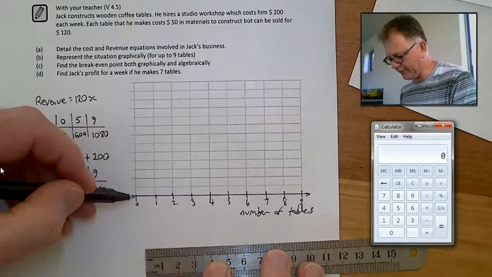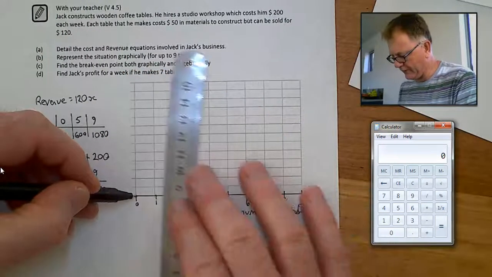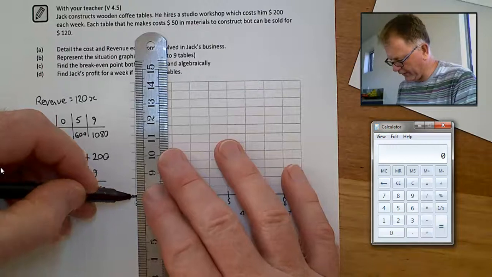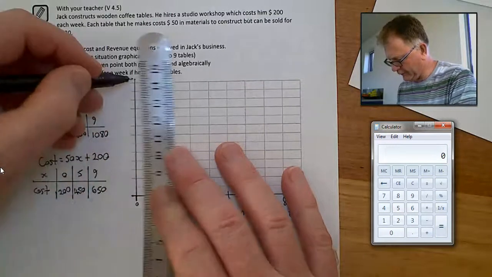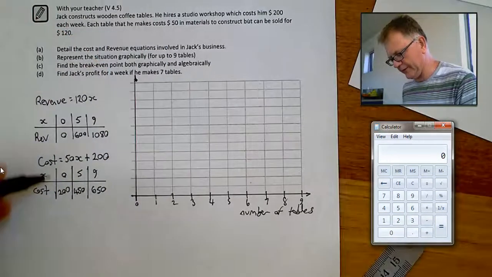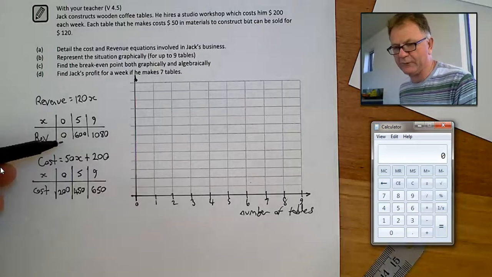And on this axis, I'm going to put both the cost and the revenue. How far up will I have to go? Well, I'm going to look at my data tables that I've just done and find out the biggest number I have to put in there.